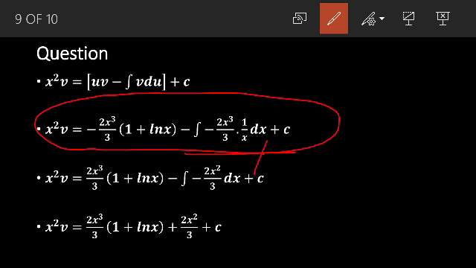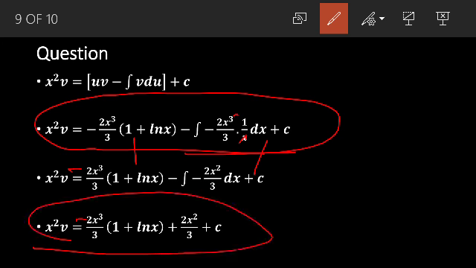Minus 2x squared over 3, because your x here cancels this to give us 2, and this remains the same here. There's supposed to be a negative sign here, a negative sign here. And that leads us to what we have here, because minus minus gives us plus.